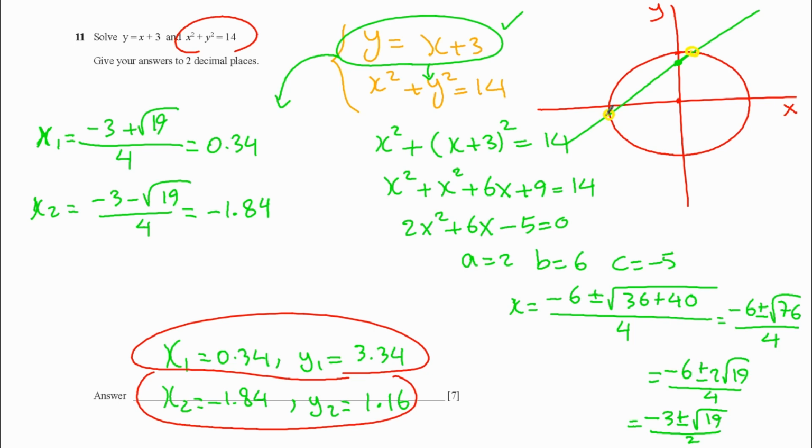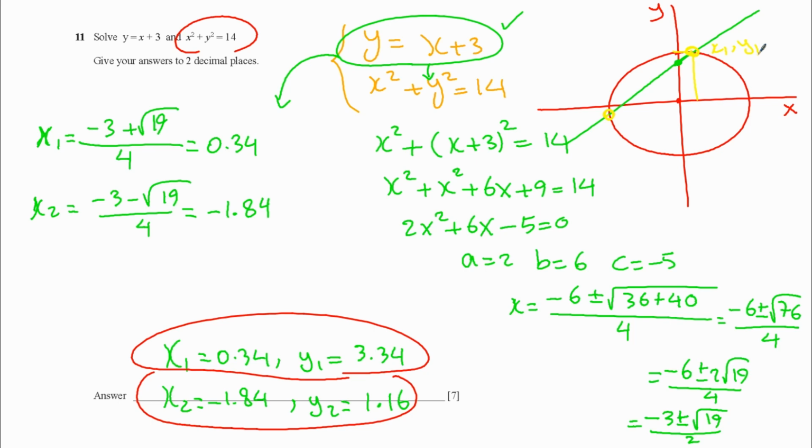And I have not put this completely into a scale, but you can see that x1 0.34, y1 3.34, it exactly satisfies this, which is basically x1 and y1 around right. x2 is minus 1.84 and y2 is 1.16. So as I said, this is not into scale, so this point somewhere around here.